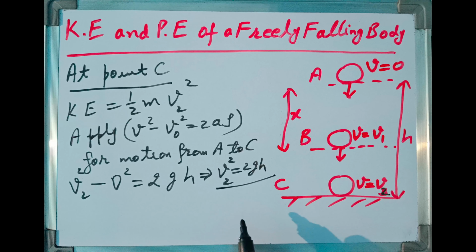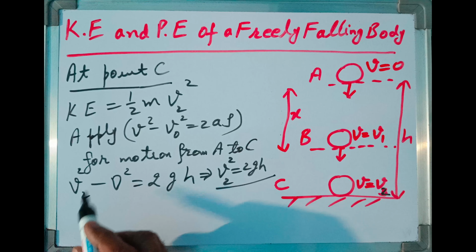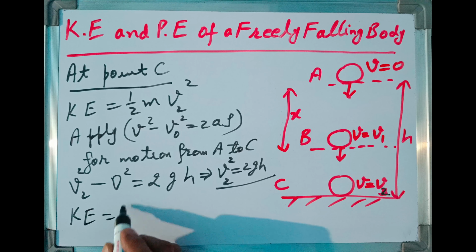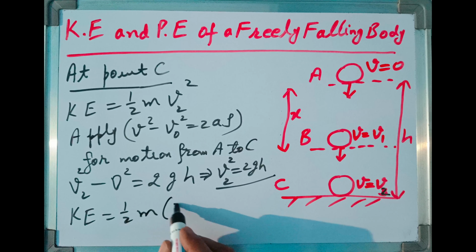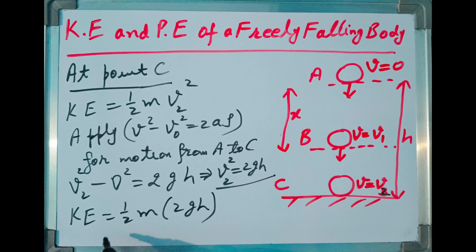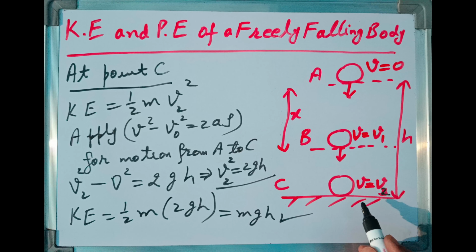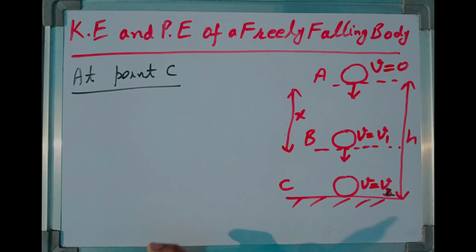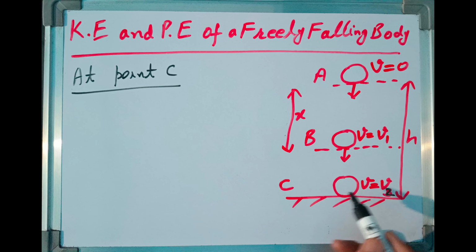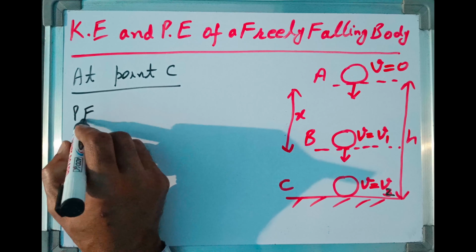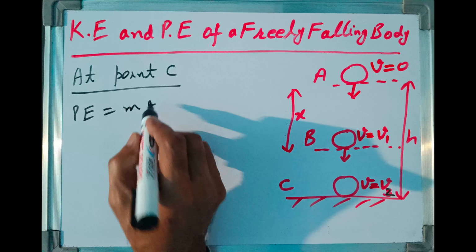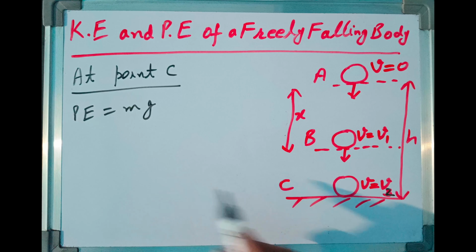So this is the square of speed of body when it is at the ground level. This will give us kinetic energy equal to half m 2gh. After simplifying, I can write equal to mgh. We have calculated kinetic energy of the body when it reaches point C or at the ground level. What will be potential energy of body at point C? Potential energy means mass into acceleration due to gravity multiplied with height from ground level.